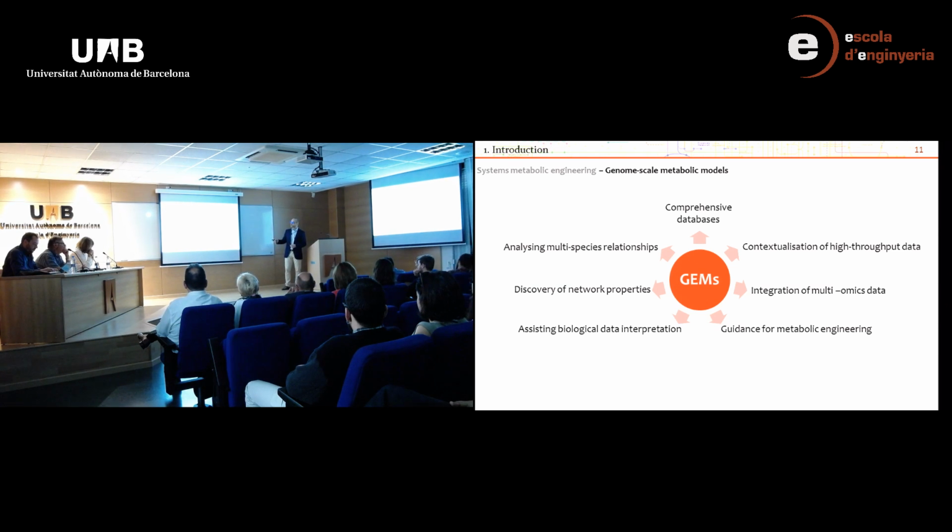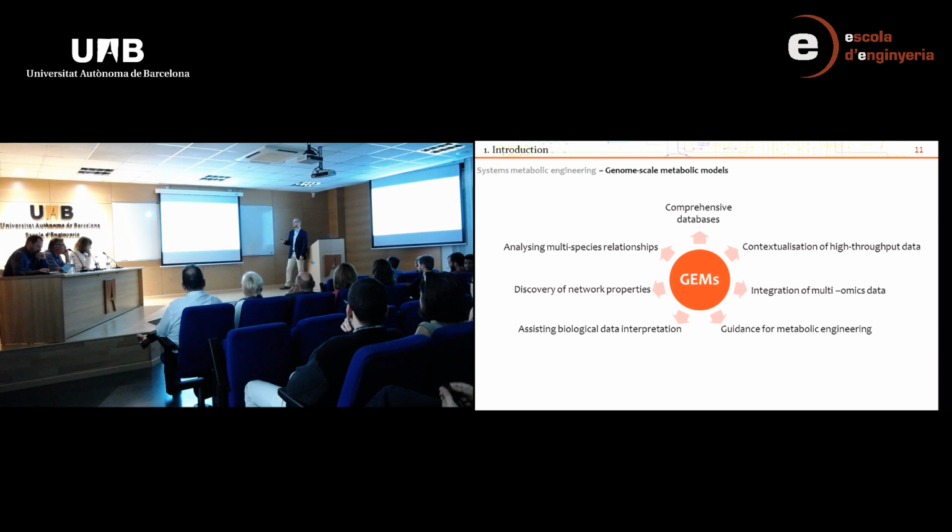Maybe the most well-known application for genome scale metabolic models is to guide metabolic engineering. So using these models, we can predict new targets for strain improvement. In addition, and we will see in one of the chapters of results, we can use the models for assisting in biological data interpretation.